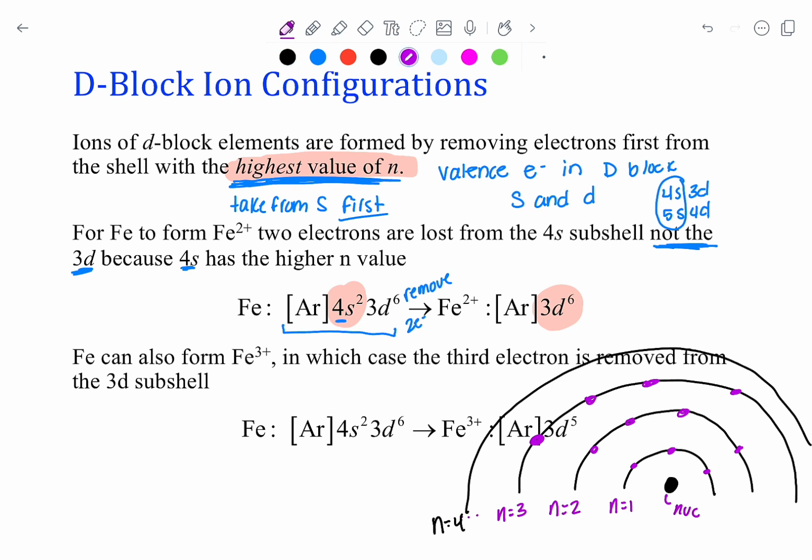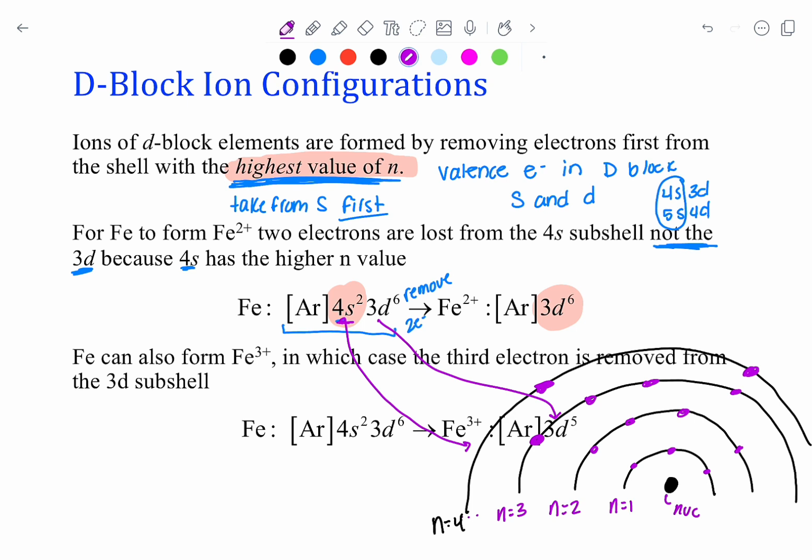So in iron, I have 2 electrons in the n equals 4, that's our 4s2 electrons there. Our 3d6 corresponds to this layer in here. The only way that I'm able to remove electrons is from the outermost layer first. It's like an onion. You gotta peel off the top layers first before you get into the middle.